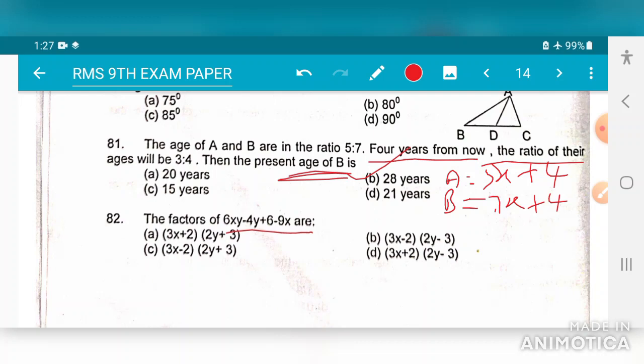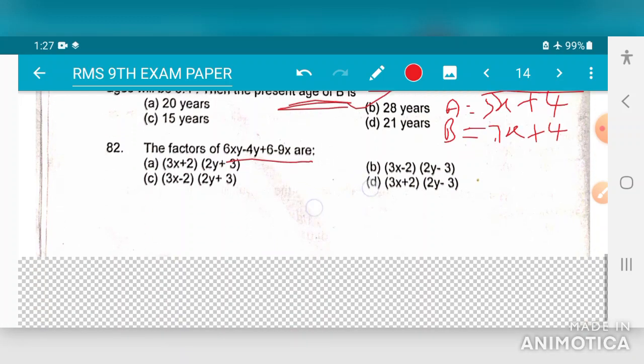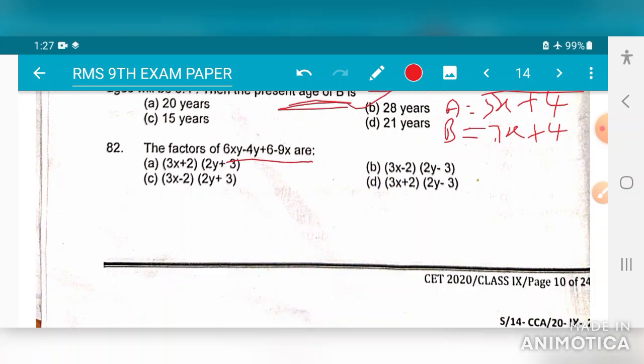Next, find the factors of 6xy minus 4y plus 6 minus 9x. We can write it as 6xy minus 4y, minus 9x, and the last one is the constant plus 6.